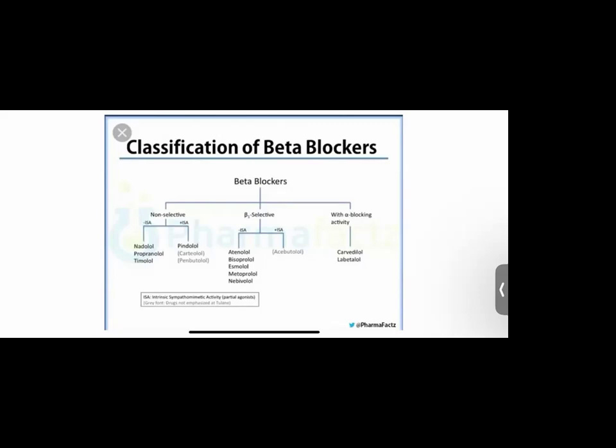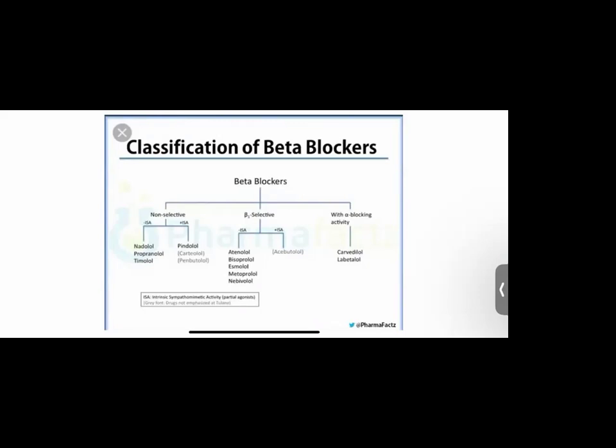Then we have the beta-1 selective blockers: atenolol, bisoprolol, esmolol, and nebivolol. Then, with alpha blocking activity, carvedilol has some alpha blocking activity, and then labetalol.